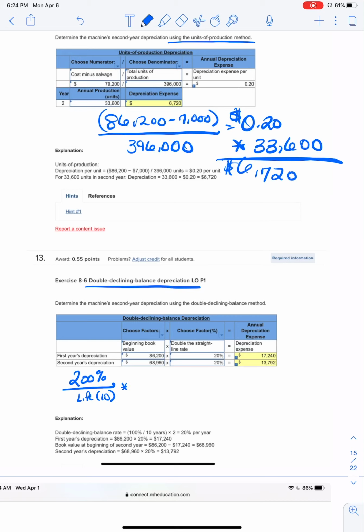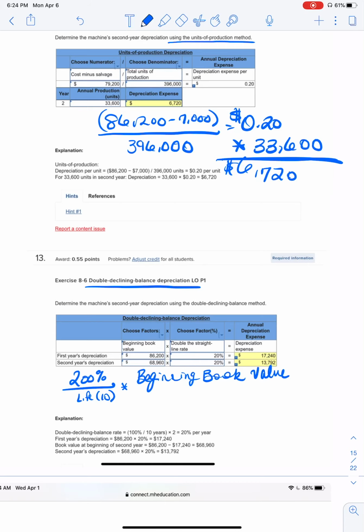We were told that this happened at the beginning of the year, so it'll be just 12 over 12, so I'm going to leave that out. But here, I'm going to do it by my beginning book value. Now earlier I wrote cost, and that was just kind of a shorthand for what we're really meaning here, which is beginning book value. So at the beginning of each year, we're going to have to find a new number.